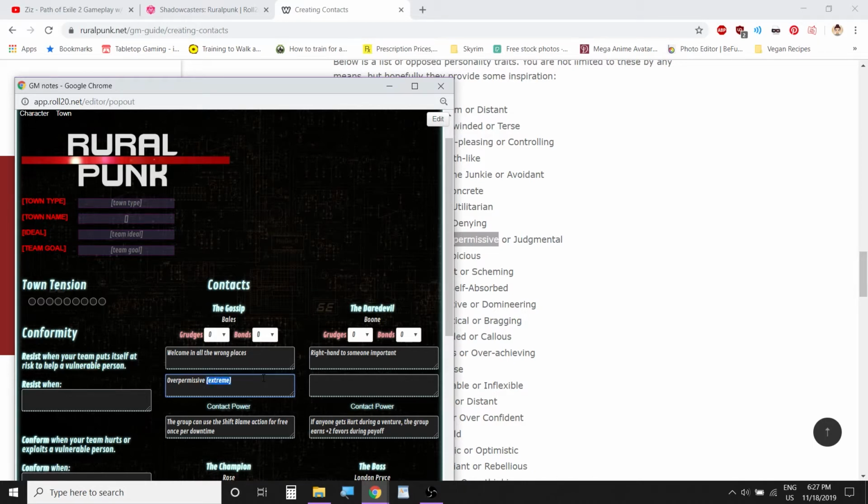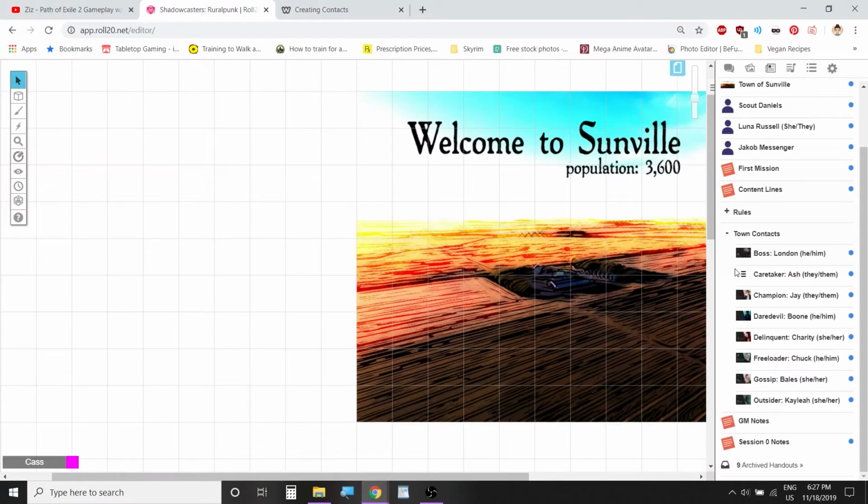I'm just going to keep this idea of her extreme so that as we roleplay the story out, I'll have that in mind, and as we build up to something, it'll make sense what the trait will be. So let's go look at Boone, what Boone's extreme might be.